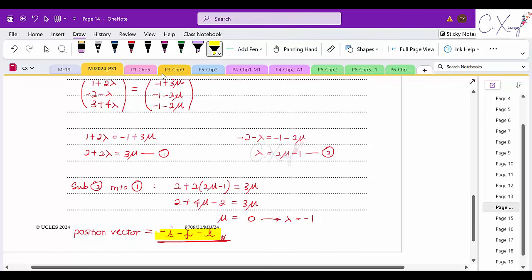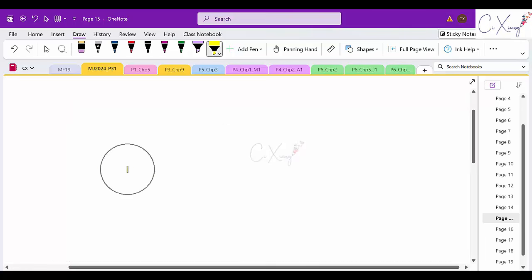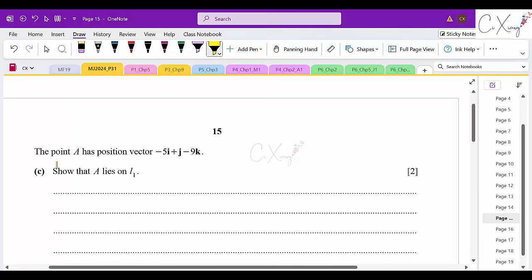Right, so let's continue to part C. For part C, they are telling us that A has a position vector of this. They want us to show that point A lies on line 1. If we want to prove it, we'll let OA, the position vector of A, equal line number 1 to see whether the point lies on the line or not.